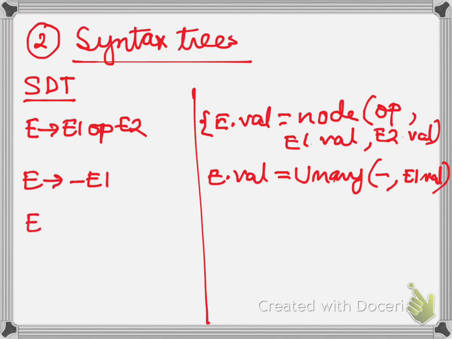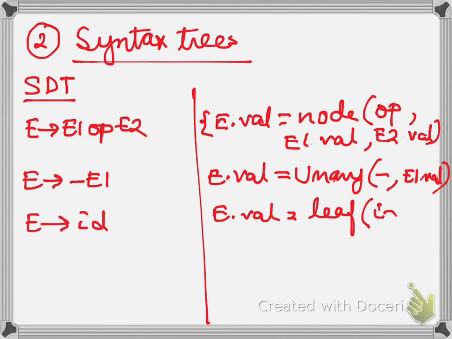And if I have E derives ID, then E dot val would be equal to leaf, that is, create a leaf node with the label ID. So here the operator indicates the root, this indicates the left child, and this indicates the right child.